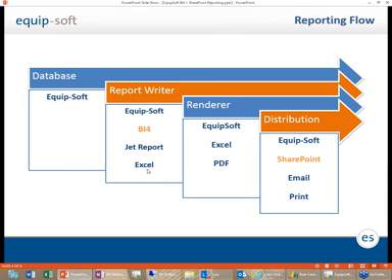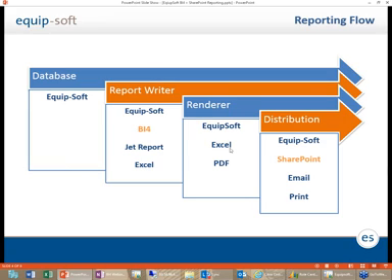And of course, you know about Jet Reports and you know about Excel. But now we've added a component here for the BI4. Basically, what it does is it takes the information from the database and creates a view or a cube for it. I'll talk about that in a few minutes as far as what that means.